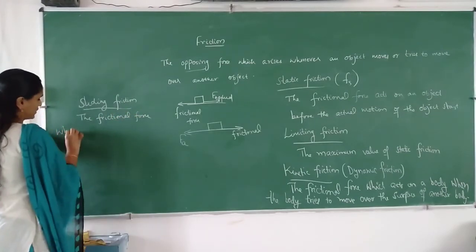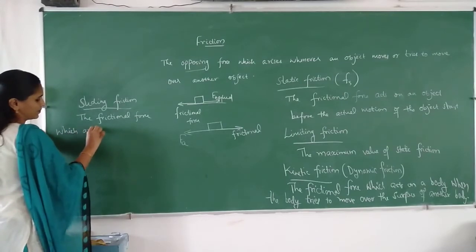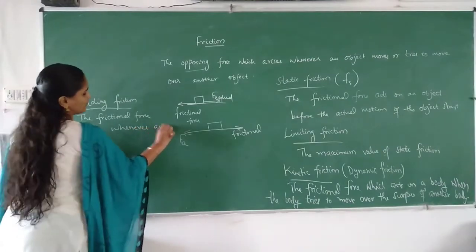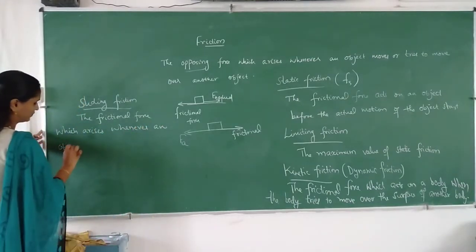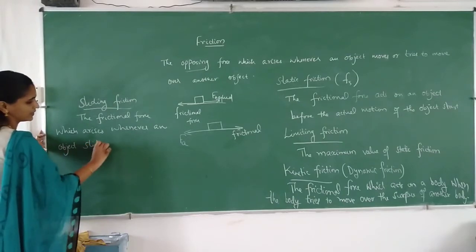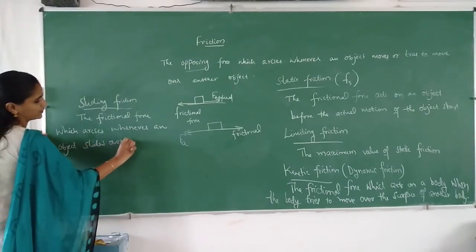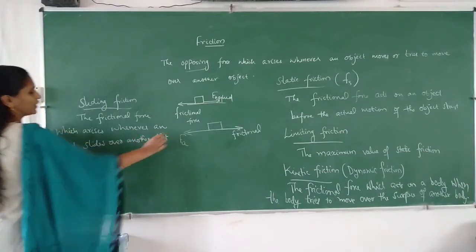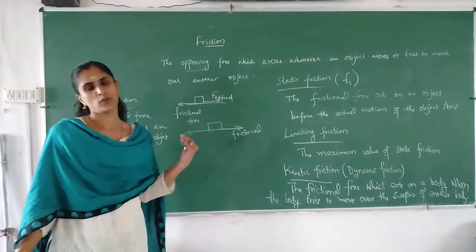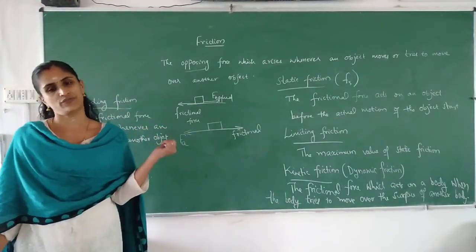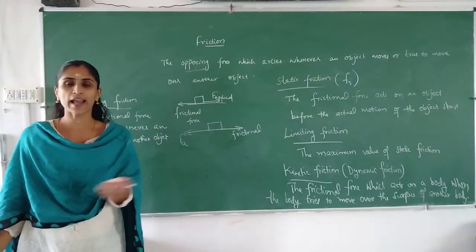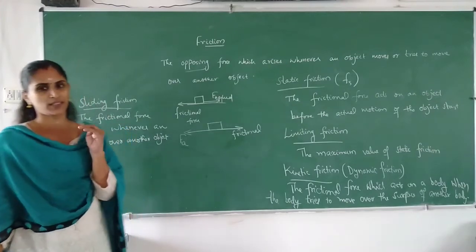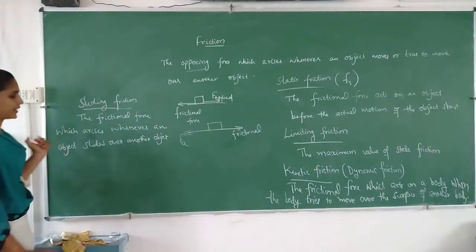Whenever an object slides over another object, the opposing force that arises is known as sliding friction. For example, if you are dragging something by using a rope, or if you are pushing something, in that case sliding friction arises.